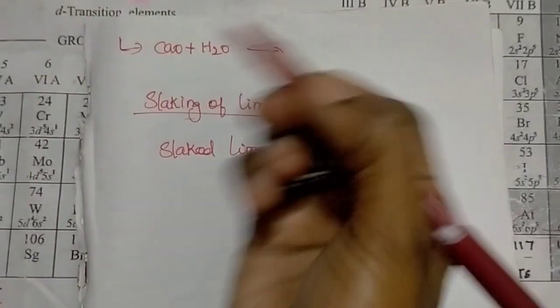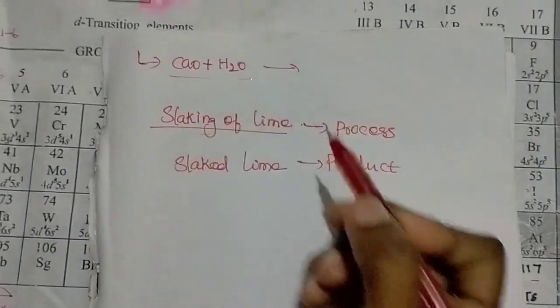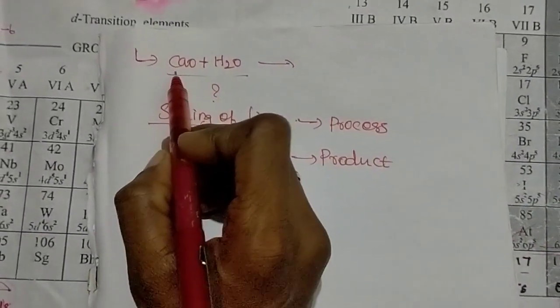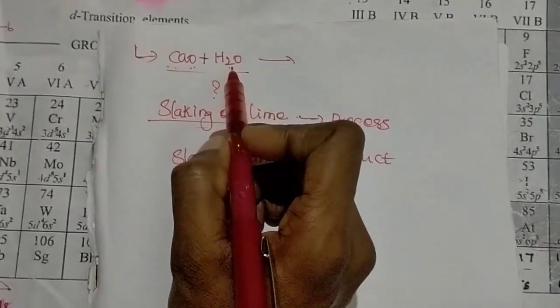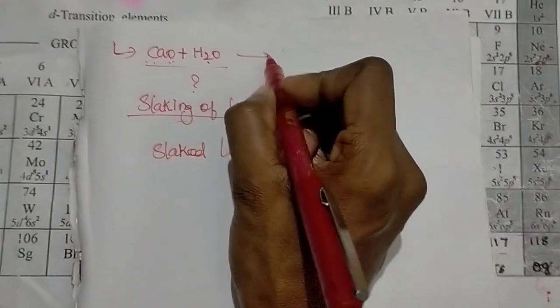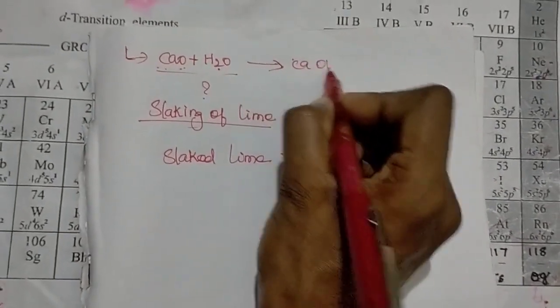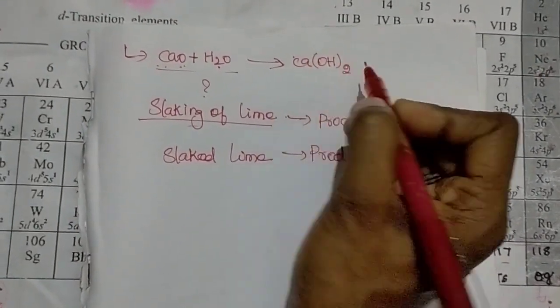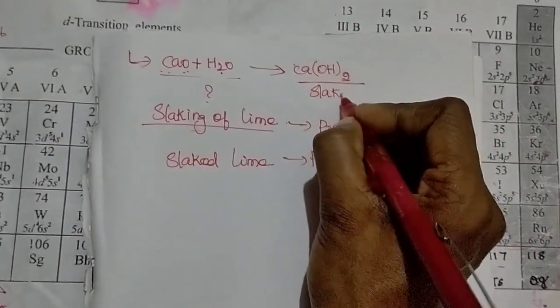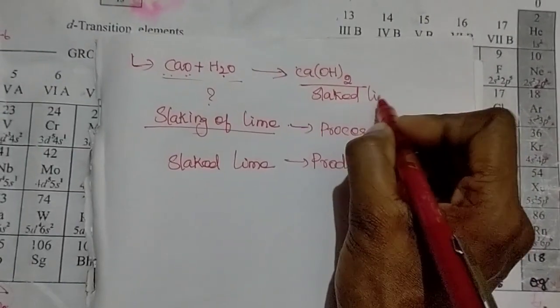Why is it called slaking of lime? Quicklime is combined with a specific amount of water, and because of that it forms calcium hydroxide. This product is known as slaked lime.